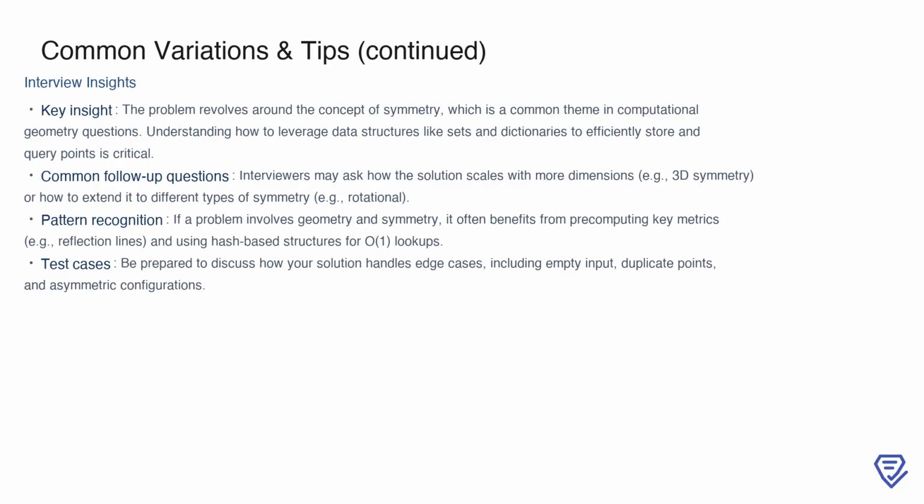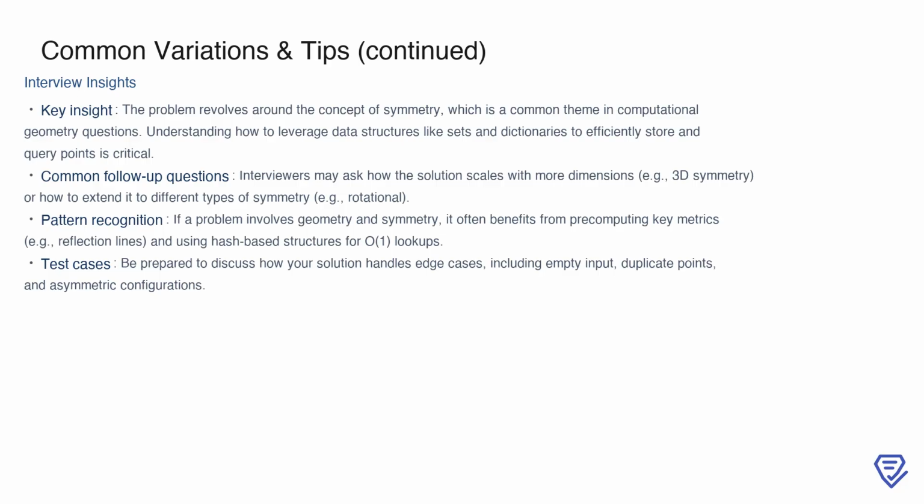Now, let's consider some insights that are valuable for interviews. The core concept here revolves around symmetry, which is a recurring theme in computational geometry problems. Leveraging data structures like sets or dictionaries is key for efficiently storing and querying points. Be aware that interviewers may extend the problem by asking how your solution would scale to higher dimensions, like 3D symmetry, or how it could handle other types of symmetry, such as rotational symmetry.